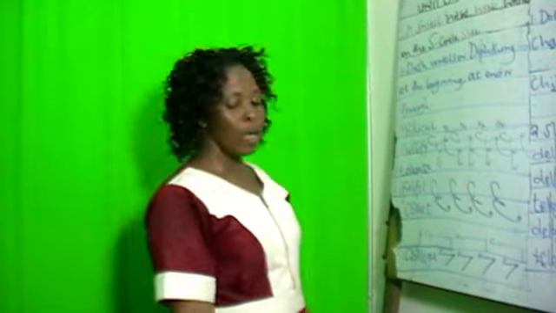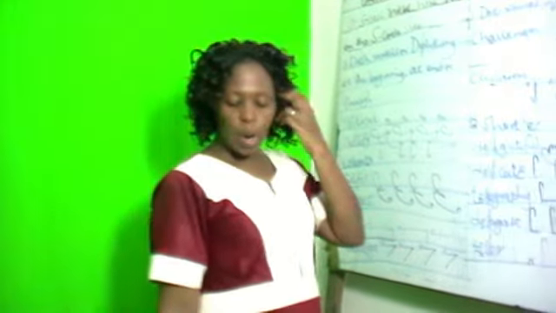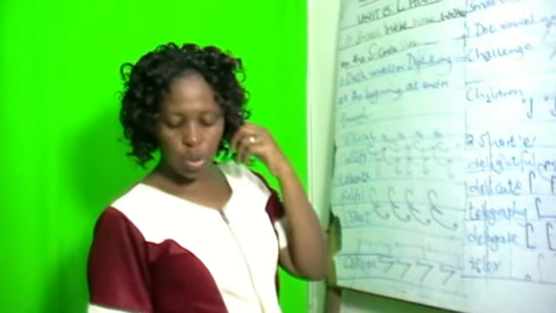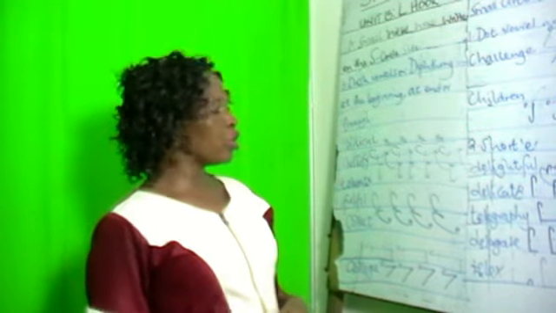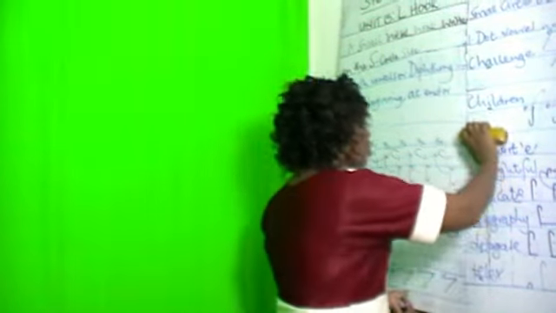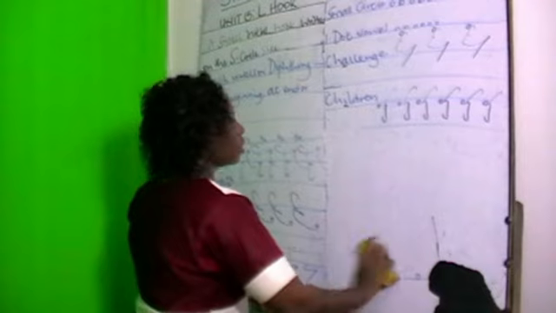This is the last part, number 4. So this is the case where we are not going to use the L hook. We are going to ignore the L hook in that case.